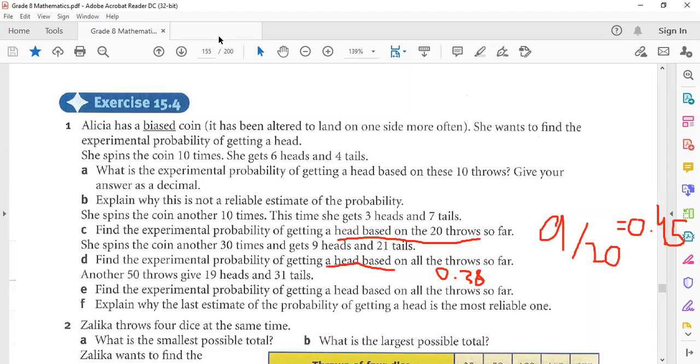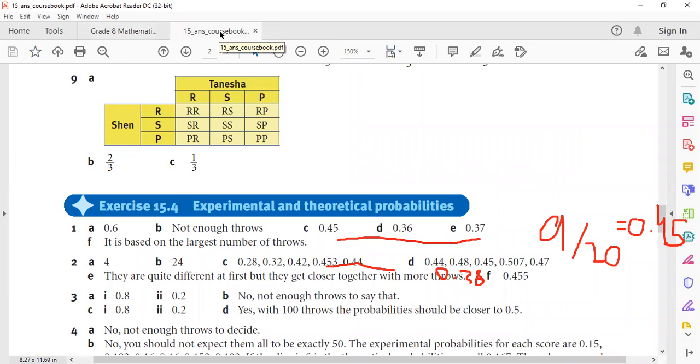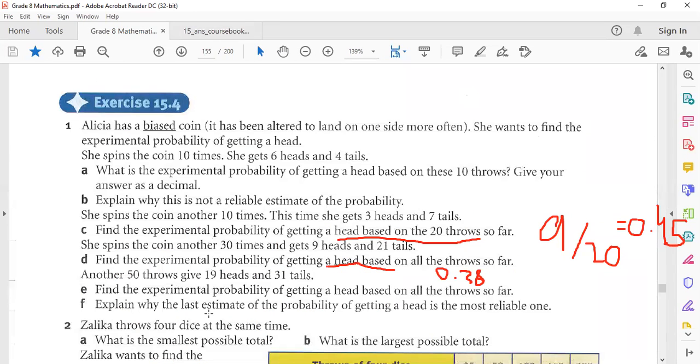Now find the experimental probability. All right, guys, I have to find the experimental probability of getting a head based on all the throws so far. So the first thing we need to find is the experimental probability. So let's start.